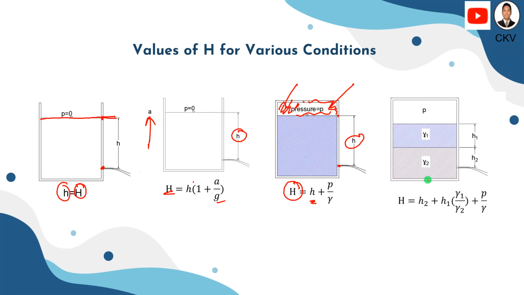Then if we have multiple layers of liquid within that container and an additional air pressure, we just take the sum of the pressure heads from the opening of the orifice: H2 measured from the opening to the liquid surface, then H1, the height of the liquid layer, then added to the pressure head due to this gas right here.